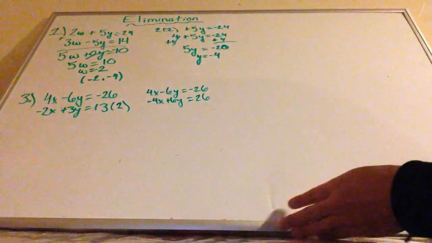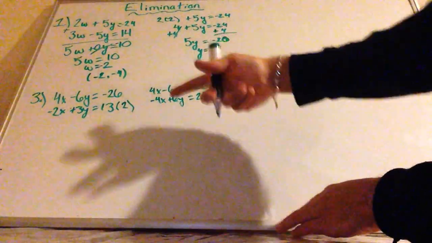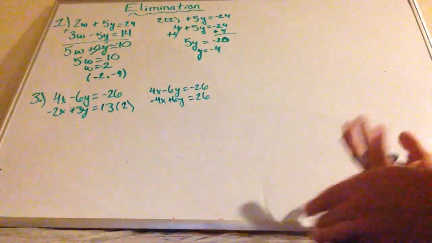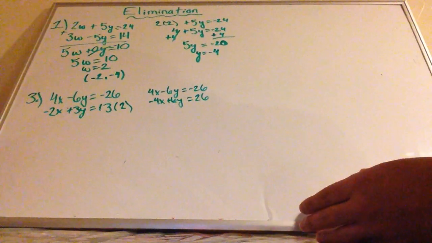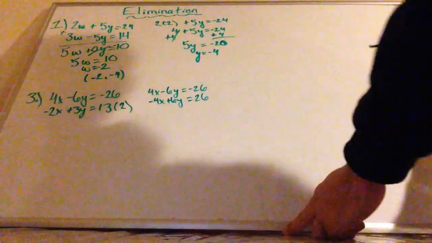And as you can see, there's something special about this. All the numbers match up instantly. So obviously, the answer is going to be different than the other problems. Since we have 4 and negative 4, we can just add those together. Then we get 0x. Then again, we get negative 6 and positive 6. So from that, we get 0y, equals negative 26 plus 26.